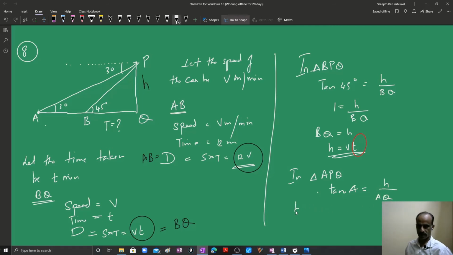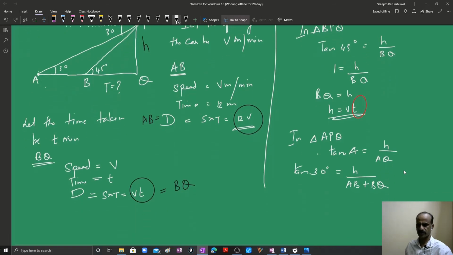That is, tan 30 degrees is equal to h divided by AQ. What is AQ? AQ is AB plus BQ. I am using exactly the same step we used in the earlier question. 1 by root 3 is equal to h, and h is Vt, divided by AB, which is 12V, plus BQ, which is given as Vt.